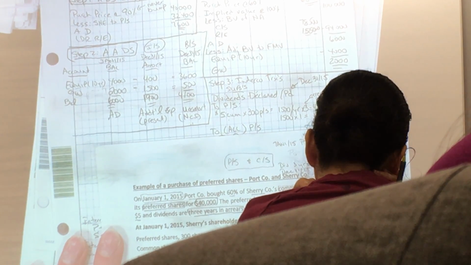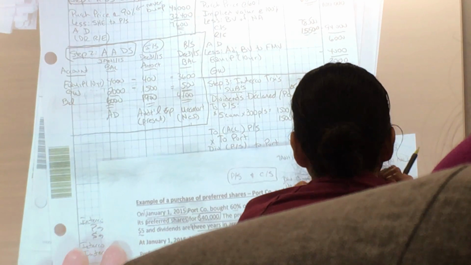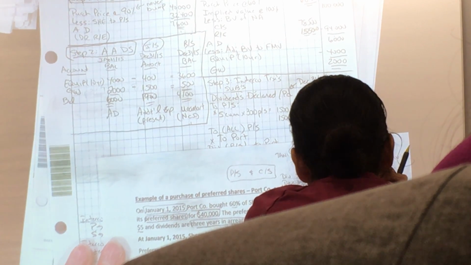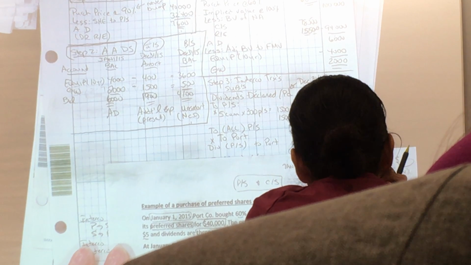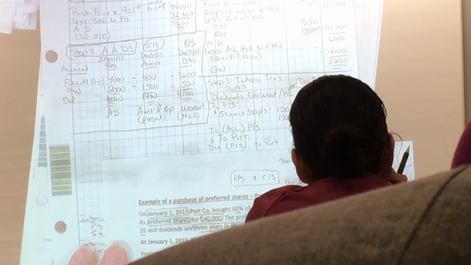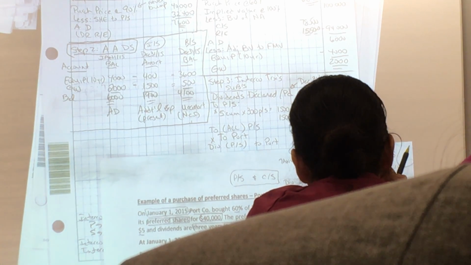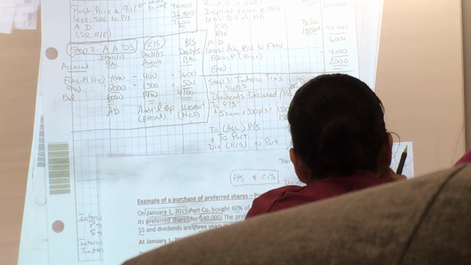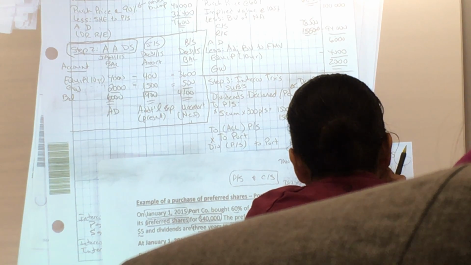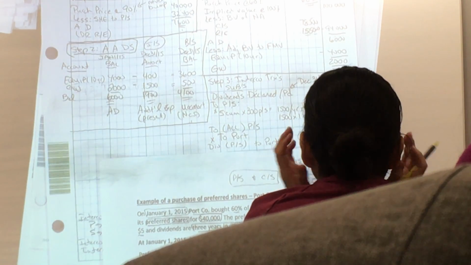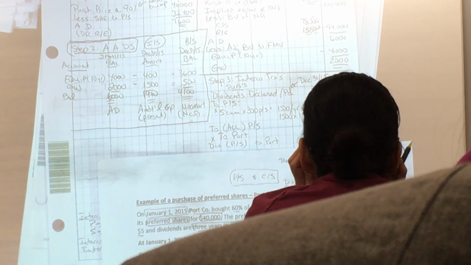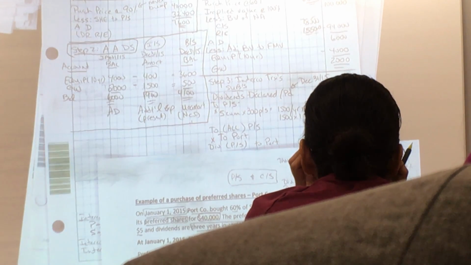So we have to take the $6,000 and take 90% of those. So what we're going to eliminate, what we're going to see in a moment, is we're going to eliminate $5,400 of that, because that's how much we actually received from the subsidiary. 90% of the dividends going to the preferred shareholders. The remaining 600 goes to somebody else, okay?